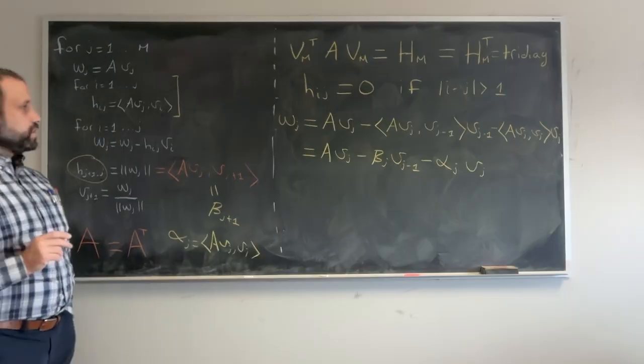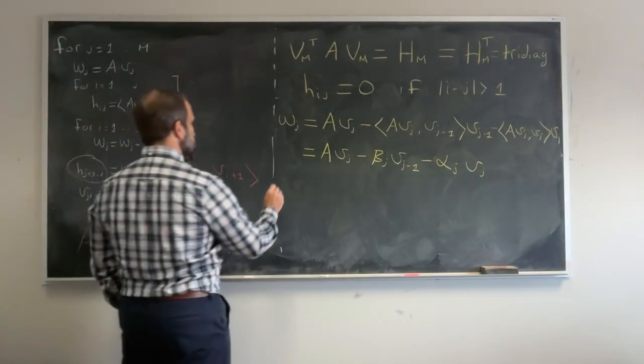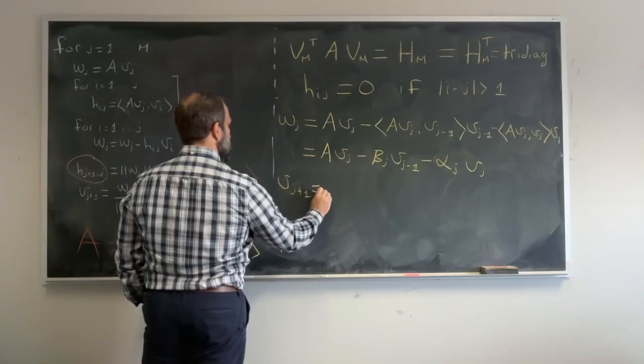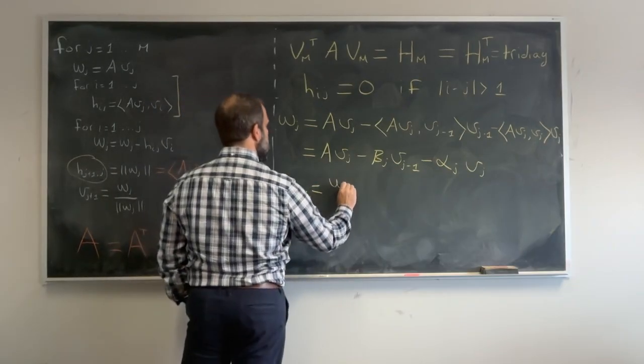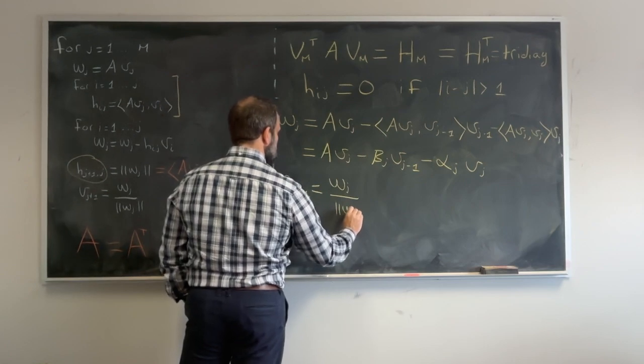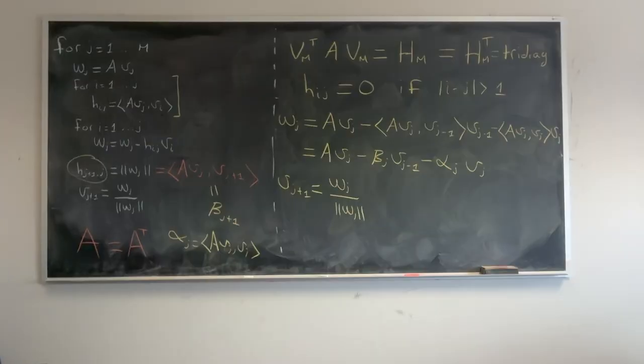Okay, so this is what wj is, and then vj plus 1 is simply going to be this divided by its magnitude. So vj plus 1 is going to be equal to wj divided by its magnitude. But here's where some simplifications can come in. What is the magnitude of wj?